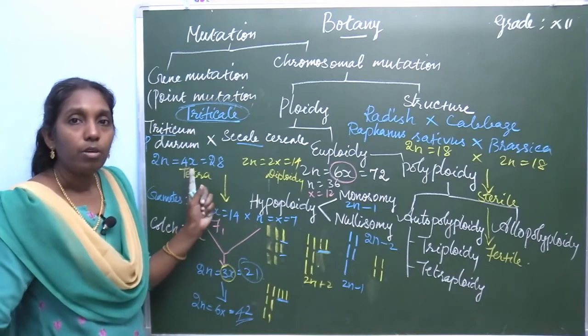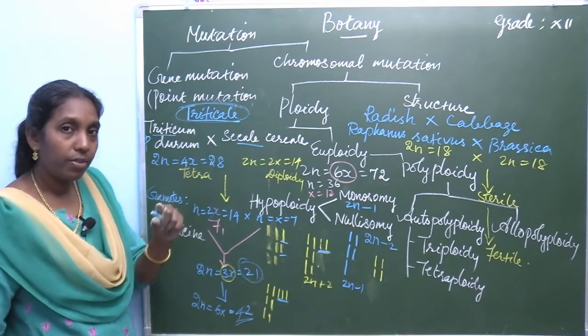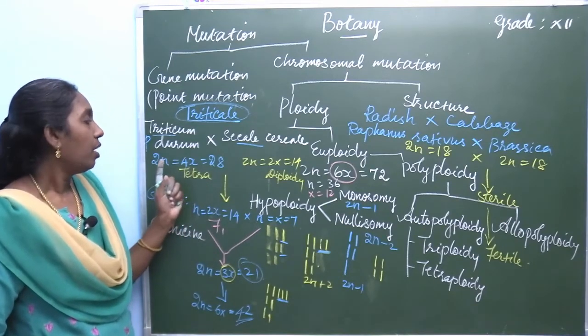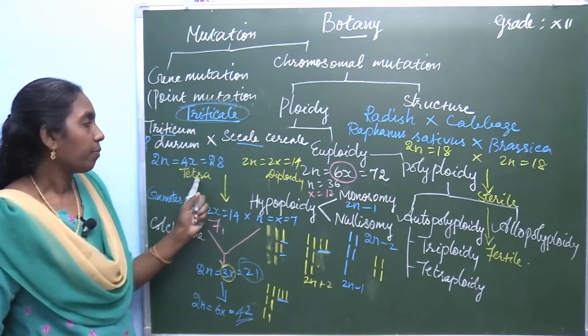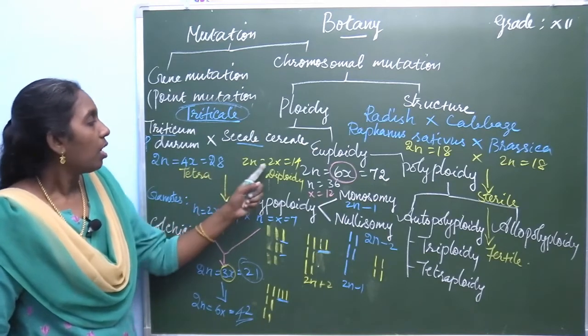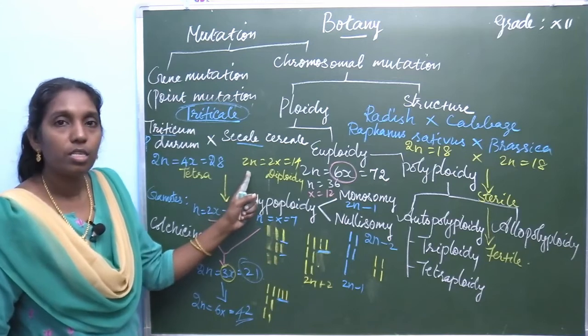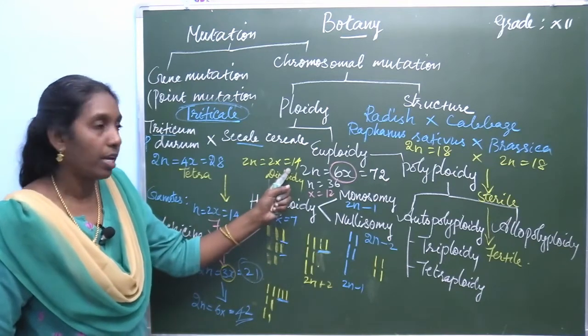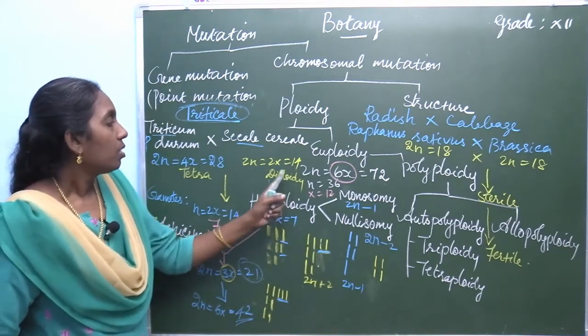Triticum durum, common wheat, one of the wheat varieties, has 2n is equal to 4x is equal to 28, and rye has 2n is equal to 2x is equal to 14. This is tetraploid, this is diploid.